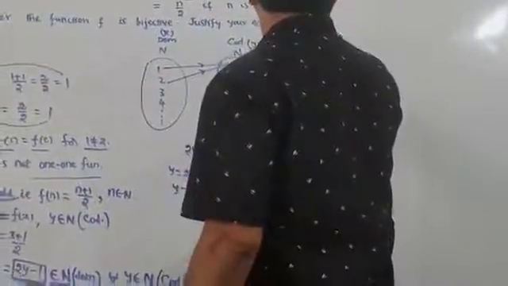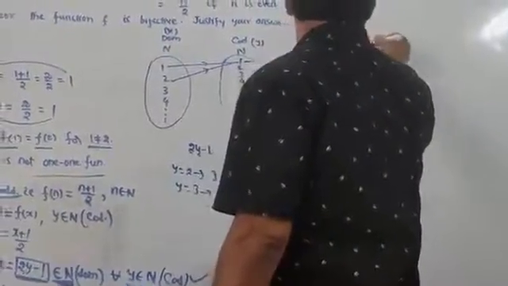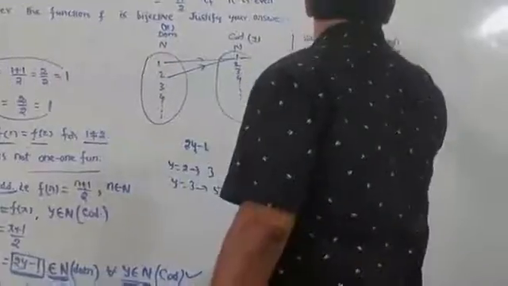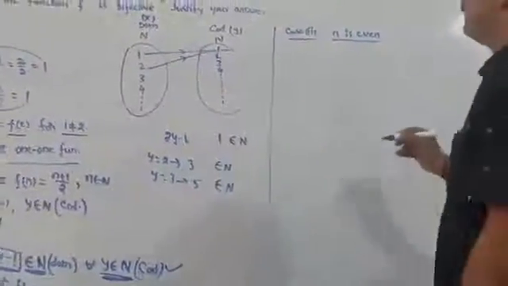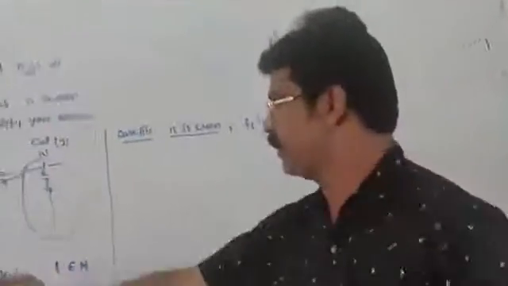Next, case 2. n is even case. n is even means here f of n equal to n/2. Of course, n belongs to natural number. Same procedure.